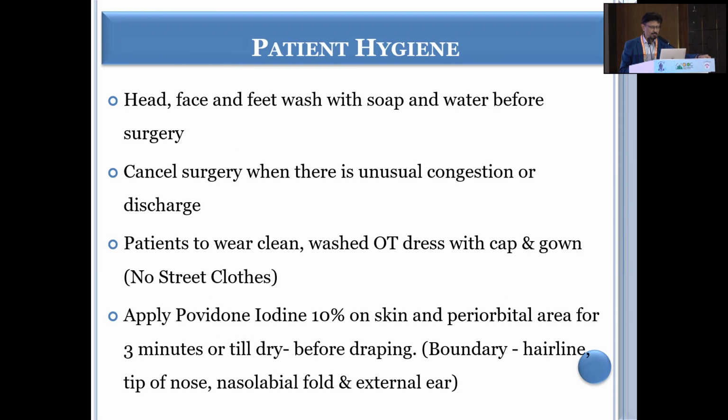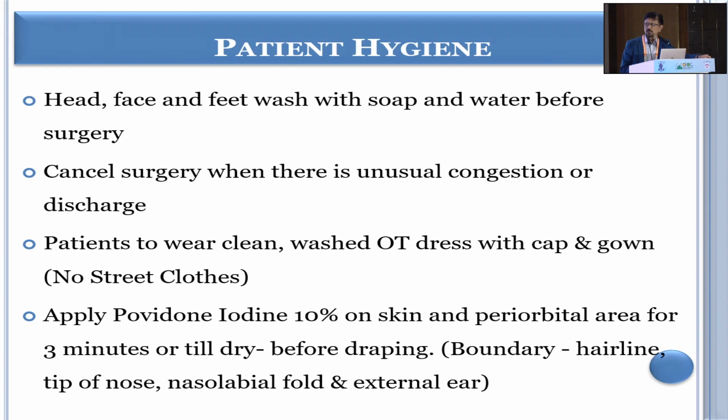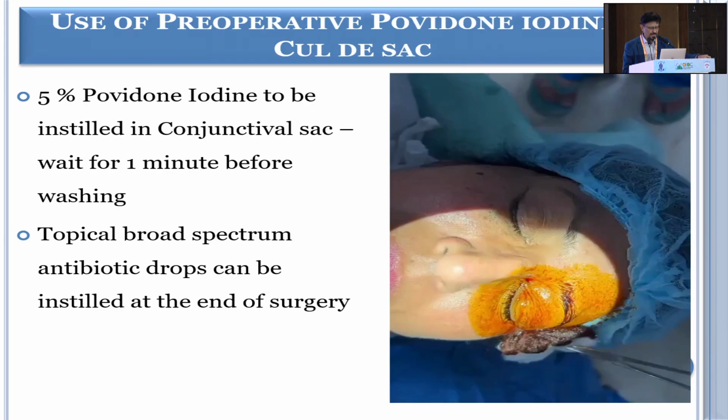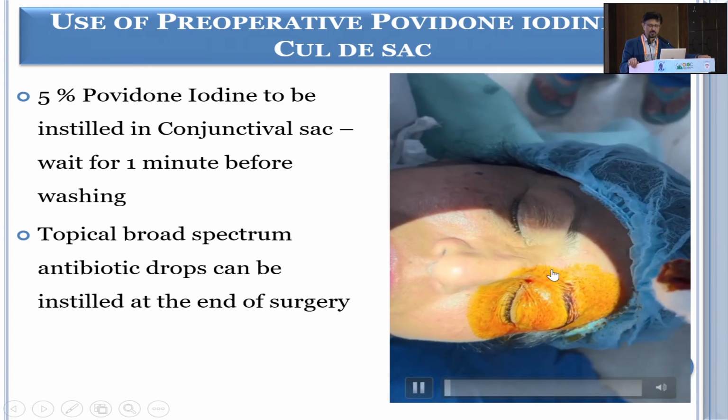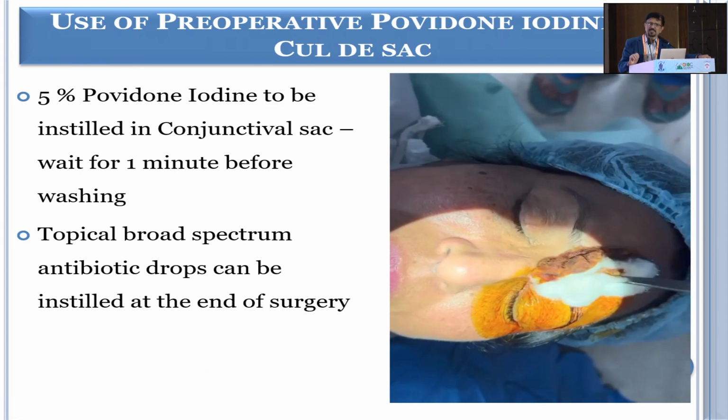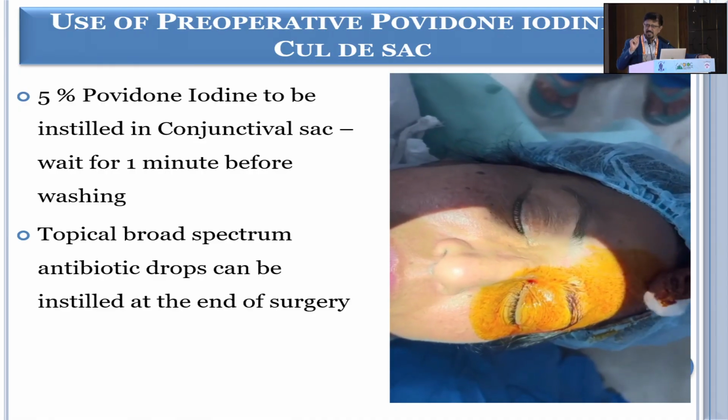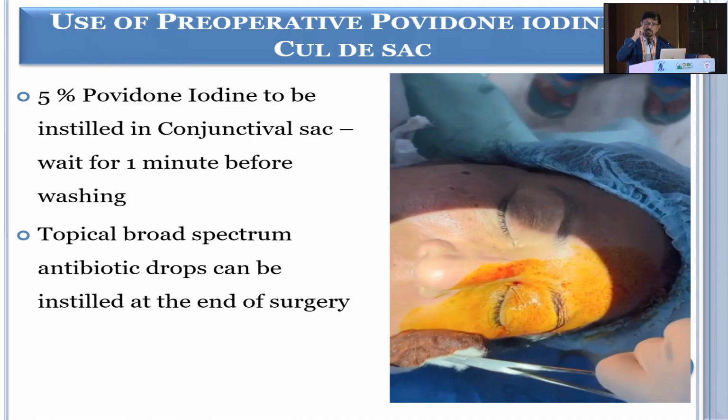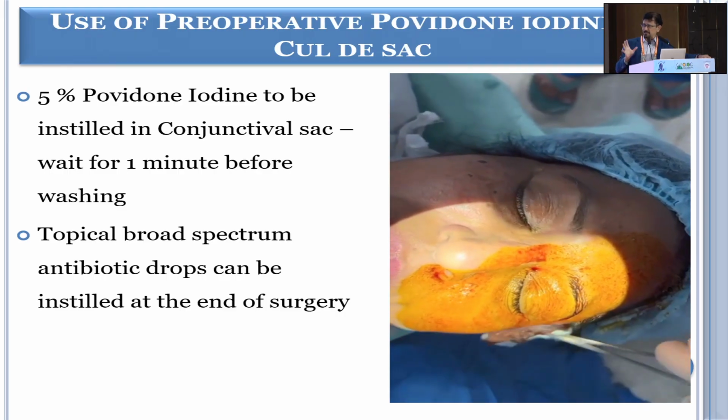And the patient hygiene should also be maintained. Patients should be told to clean their hands and face, and then of course betadine cleaning with 10% betadine should be done of the lid, lashes, etc. And then once that is done, when the patient is on the table, you should put 5% betadine in the eye. It is very essential to understand this because many times we get the supply of 10% betadine.